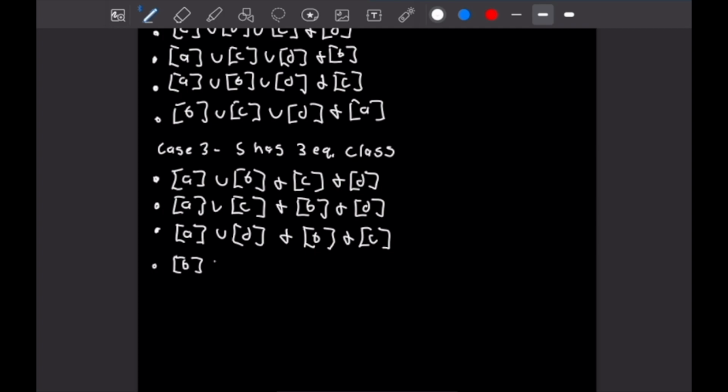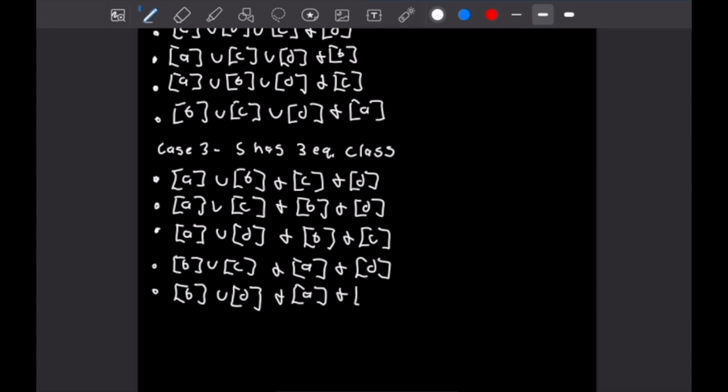So let's union B and C first. So we'll have B union C, and then we'll have A and D by themselves. And then let's union B and D. So we'll have B union D, and then that will leave A and C by themselves. And then lastly, we can union C and D, and then that will leave A and B by themselves.